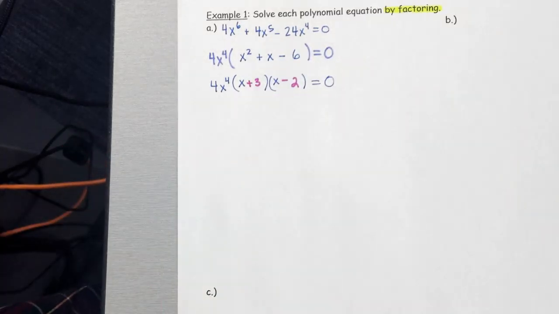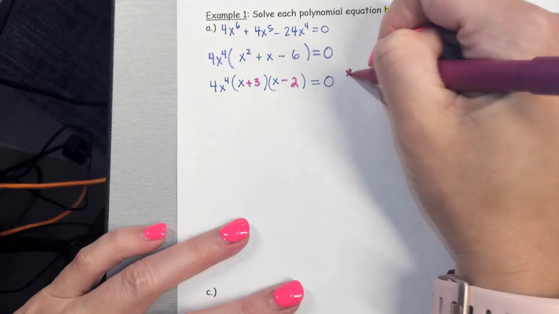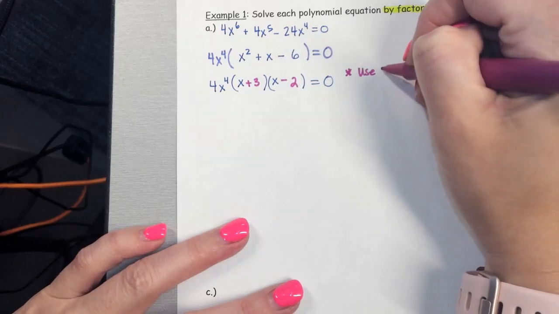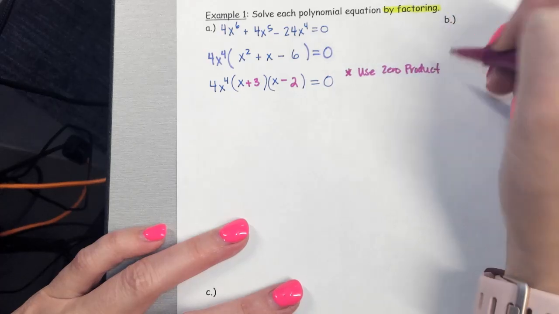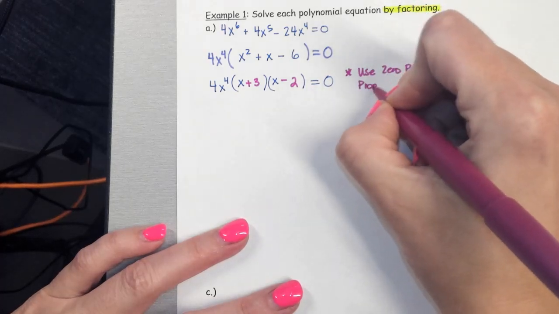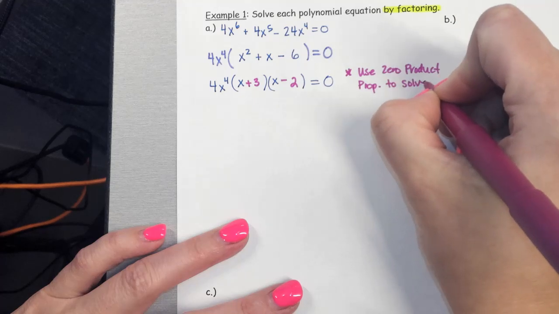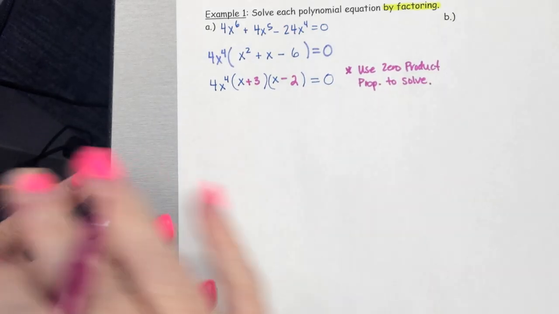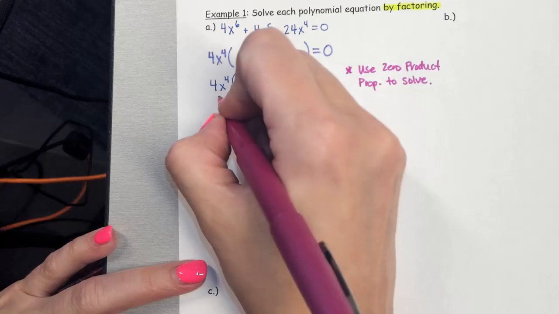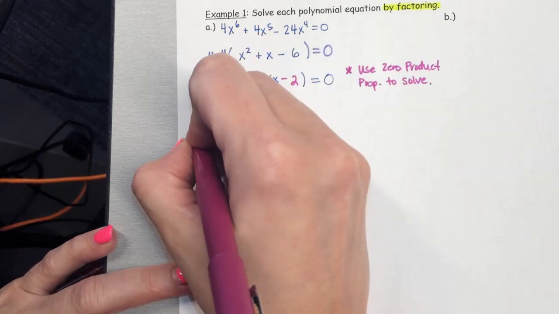Okay, once you have that, you are going to use the zero product property to solve. So you do need to write this step out. Okay, and then if it's a one-step equation, you don't have to write the one step, but the zero product property, I need you to write that step out because this only works with 0.